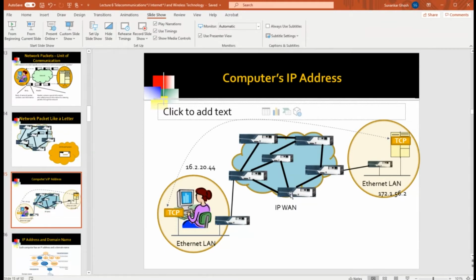Then the next router again looks at the destination IP address and again sends it in the direction of the destination computer. All these routers in the cloud are doing that until the packet finally reaches the destination computer, and this is happening for all the packets that are part of that file.